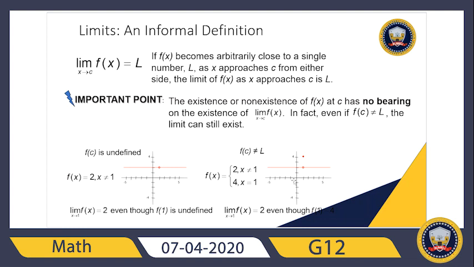While in the previous example, we don't have f defined at 1, while we have the limit. That's why this note says it has no bearing on the existence of the limit.